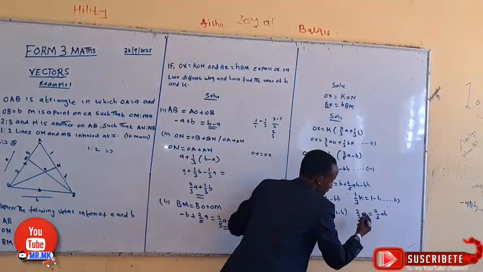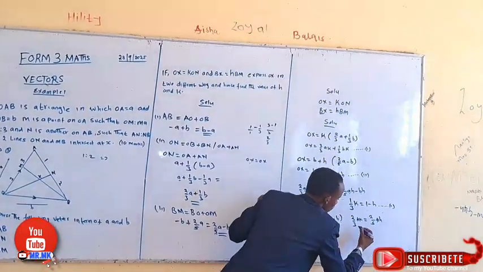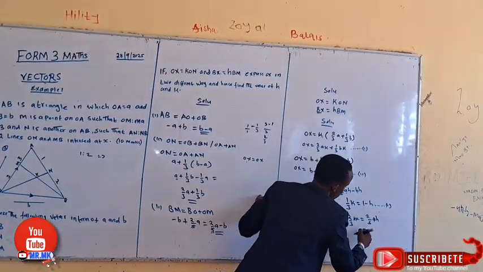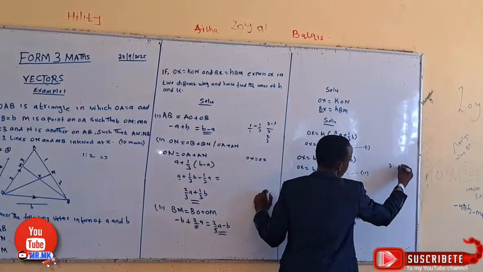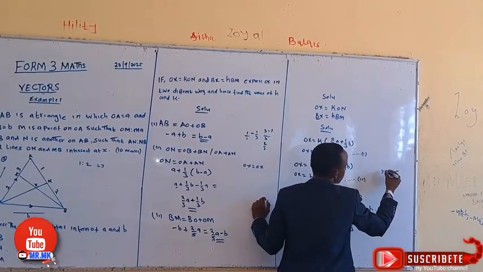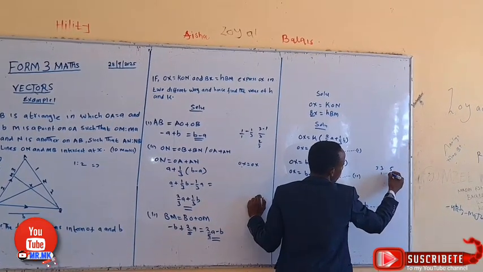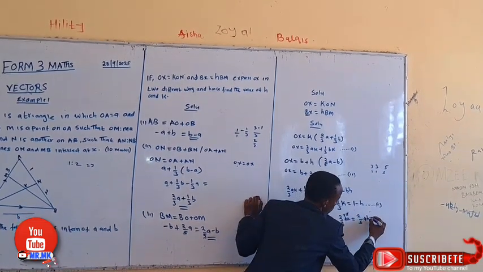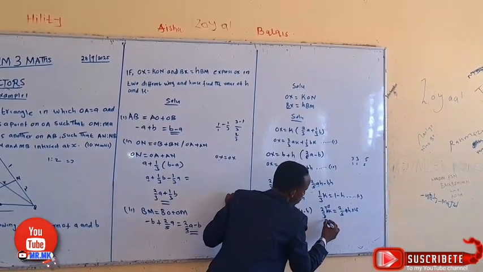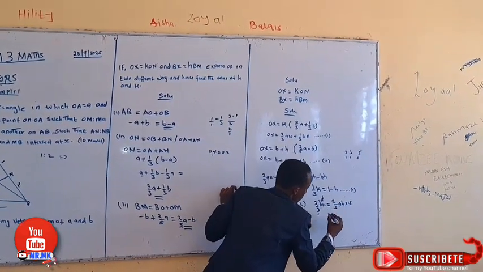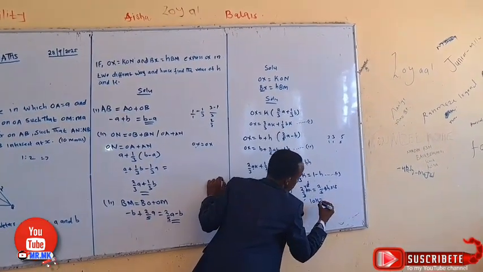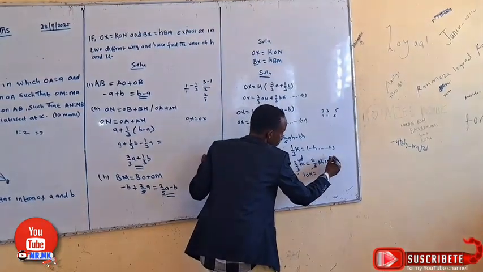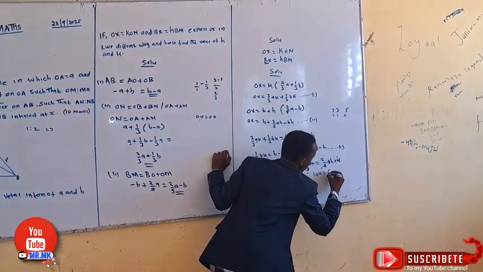For this case, I just cancel A with A. 2 over 5, LCM of 3 and 5 is 15. Just say times 15 on both sides. 15 divided by 3 is 5, 5 times 2 is 10k, is equal to 2 over 5, 15 divided by 5 is 3, 3 times 2 is 6h.